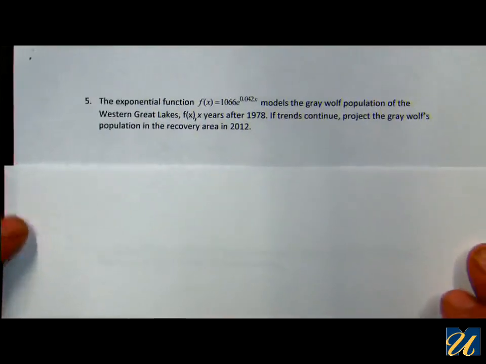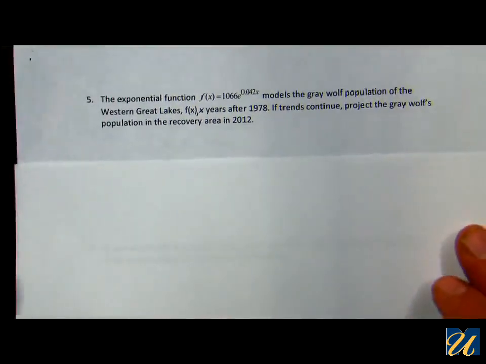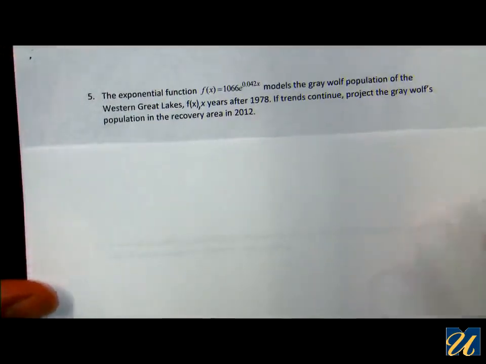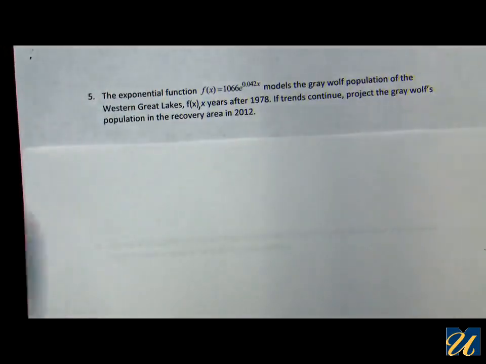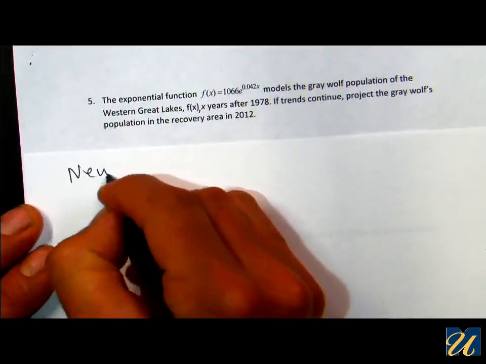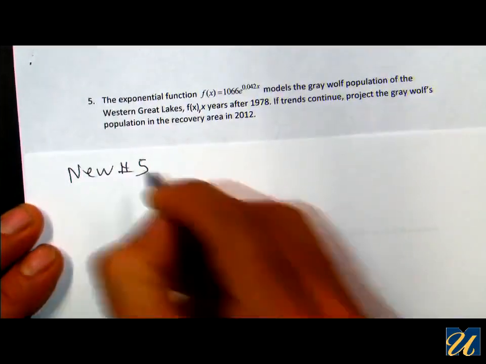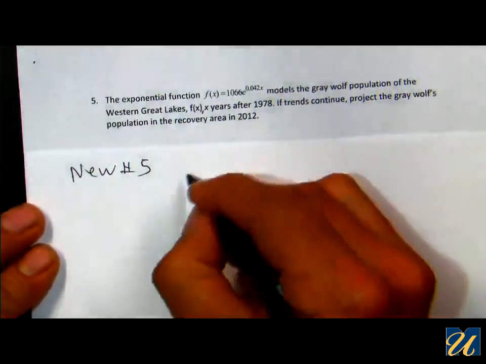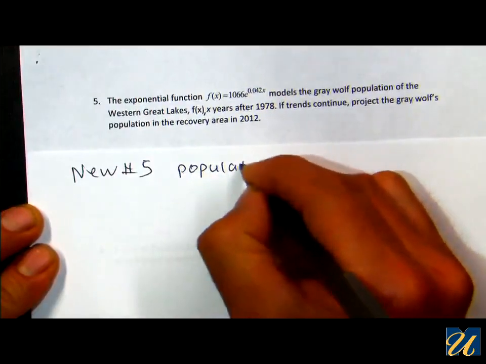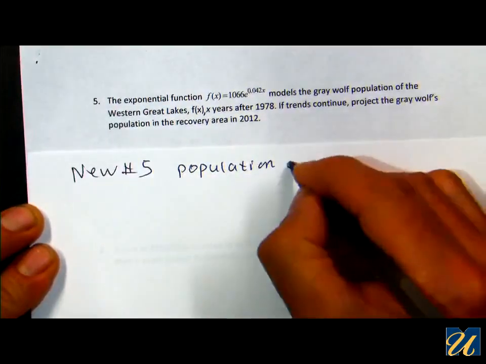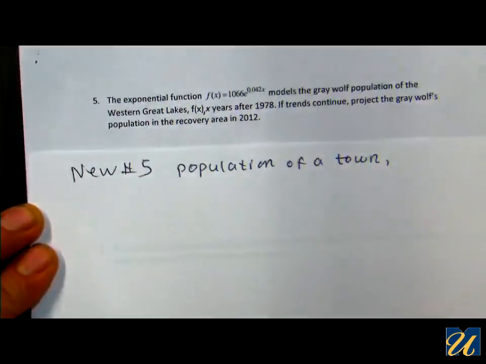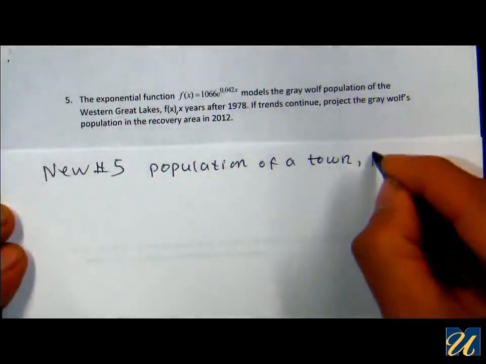This is the population of gray wolves, and we looked at the solution of this in the PowerPoint slide. So let's do a slightly different problem 5. So do new, number 5. Let's say population of a town, and let's name this to be P of t.